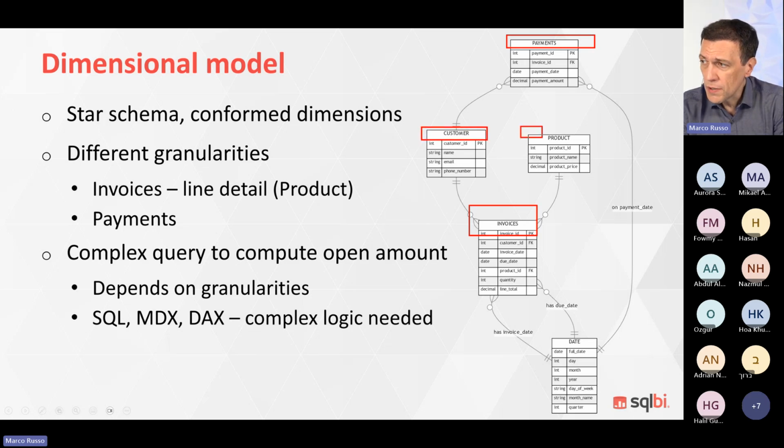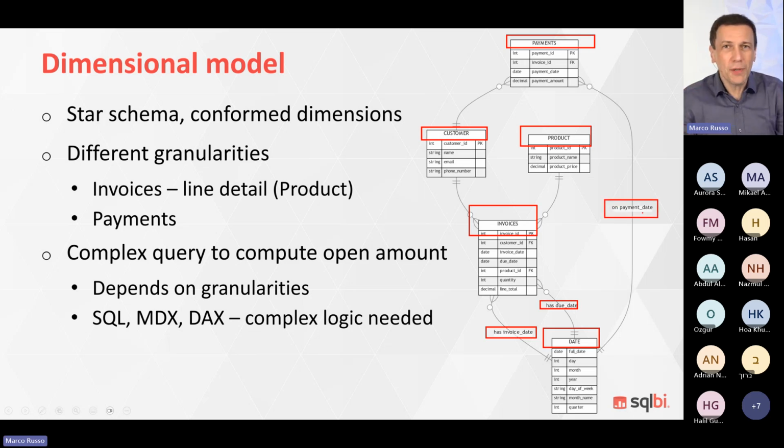The same product is only related to invoices, and the date has a different relationship because we have the invoice date, the due date, and the payment date. Now, you may say, okay, so we use this model. Yeah, but in reality, this model is good for tracking the payments and the invoices. But if you remember, what we want to analyze is the delay between the due date and the payment date.